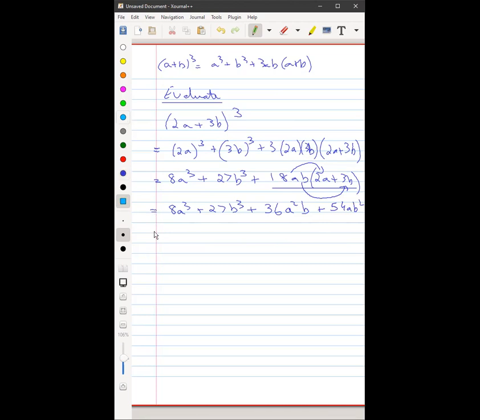What we can do instead, when you're going to evaluate this, is we can do (2A) the whole thing cube plus 3 (2A) squared into 3B plus 3 (2A) into (3B) squared plus (3B) cube.